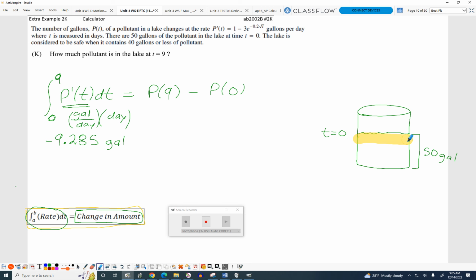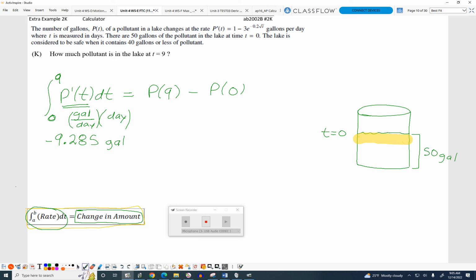Question. It's critical you notice the difference. Questions? Okay, cool. But we can use that now pretty easily because we're looking for what the level is at time 9. So if we rearrange a little bit, this is 50, so if we add the 50 to the other side, that's also 50 gallons.